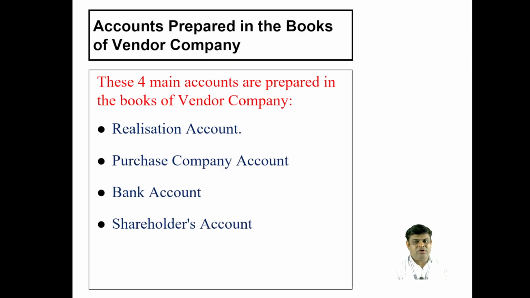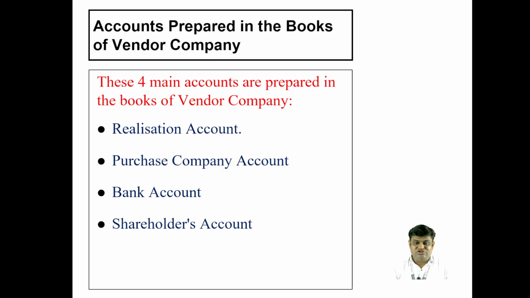See, these are the accounts involved. Already we have also studied these accounts which are involved in the case of absorption of company. Accounts which are drawn in the books of the vendor company. These are the 4 main accounts, and as per the requirement other accounts are also opened there. The realization account is the first account, then the purchasing company account. In the books of the vendor company, the vendor company maintains an account for this purchasing company.